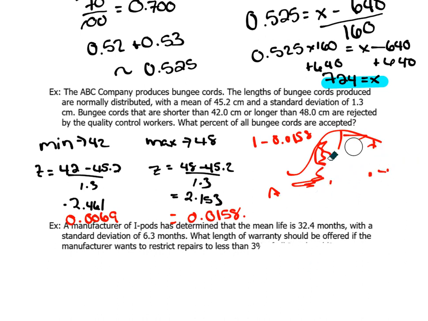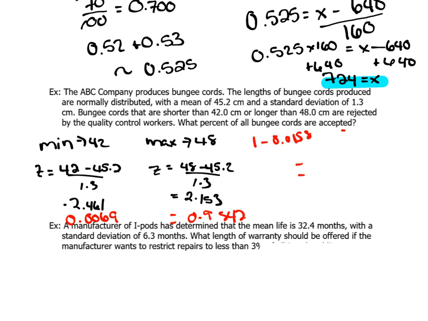So when I'm looking at this, I get 1 minus 0.0158, and I'm going to wind up with a number of, oh, sorry. This number is when you subtract it. So you should have actually gotten a number of 0.9842.